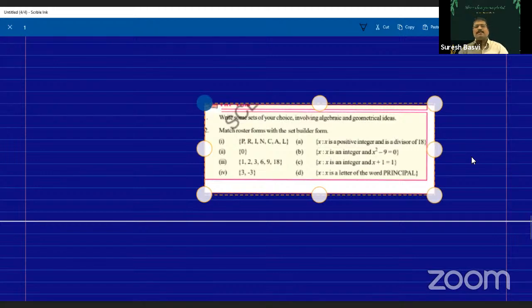Some sets of your choice involving algebraic and geometrical ideas. Can anybody write that? Yes, Boga Venkateshwarlu. Supriya, yes. Prem, yes. So now write some sets of your choice involving algebraic and geometrical ideas.